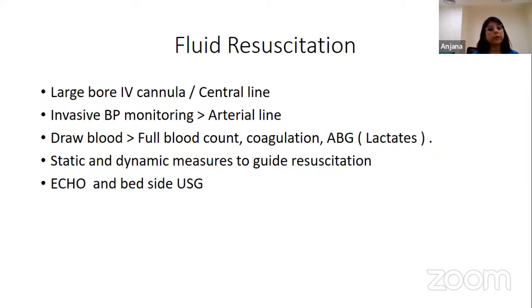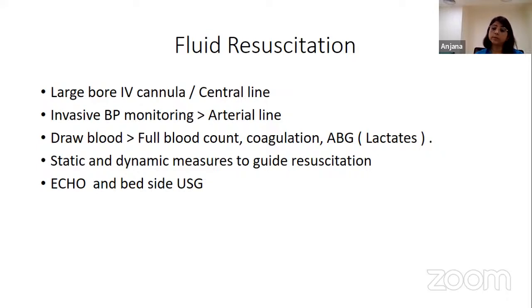Okay, so while you are doing that, in the meanwhile, you draw blood for counts, coagulation, ABG to look at lactates or other investigations which you want, when you're working up the patient. Now, there are many measures to guide the resuscitation, which I'll explain in the next slides. Well, echo and bedside ultrasound have become extremely important for most patients now.